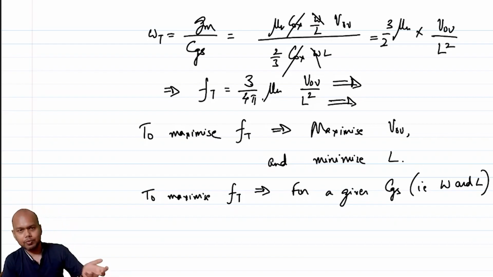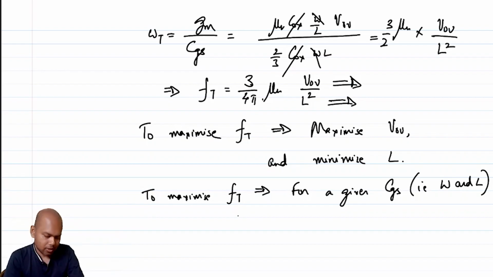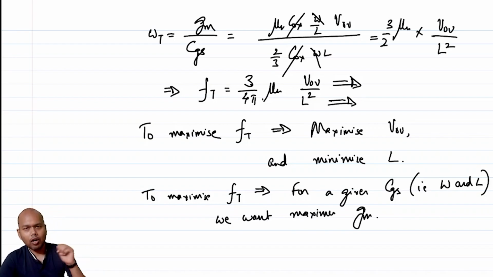Once given CGS, means if you have minimum L, the W is also fixed. We want maximum GM. Now, if you are not allowed to change W and the L and you want to increase GM, what is the only thing that you can do? You have to basically increase current, right? And how do you increase current? You increase the overdrive voltage, right?